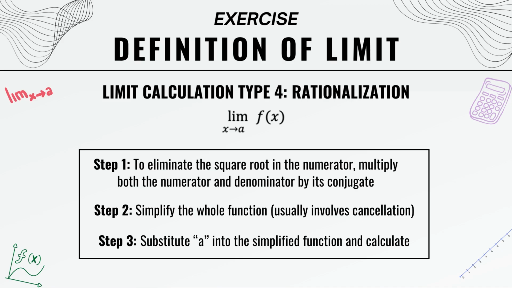You will realize that the pair of conjugates in the numerator or denominator or both can be changed by the difference of squares formula. The square root will be gone when it's squared. Next, simplify the whole function, and again, it usually involves cancellation. And finally, plug a into the function.